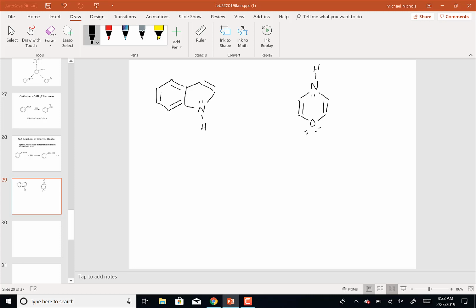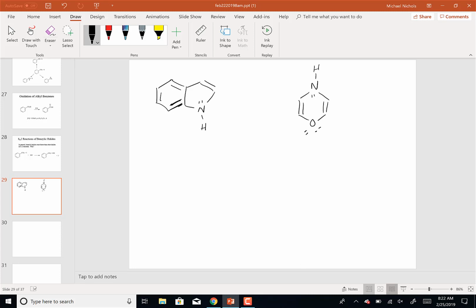So for the first one, walk me through how I should determine that. Make sure all the carbons are sp2 hybridized. Okay, so all the atoms, are they sp2 hybridized? Which one's not? The middle carbon.